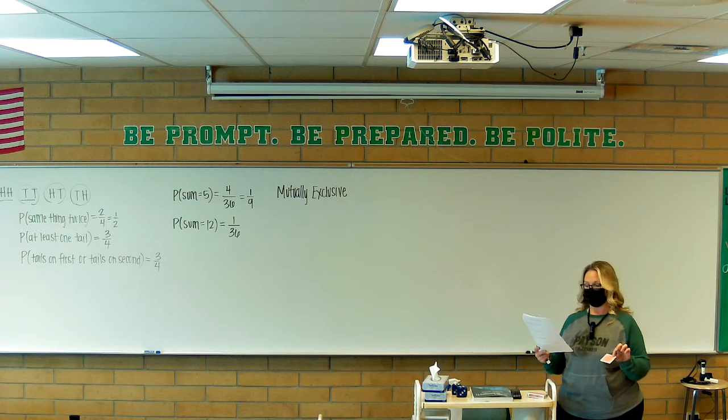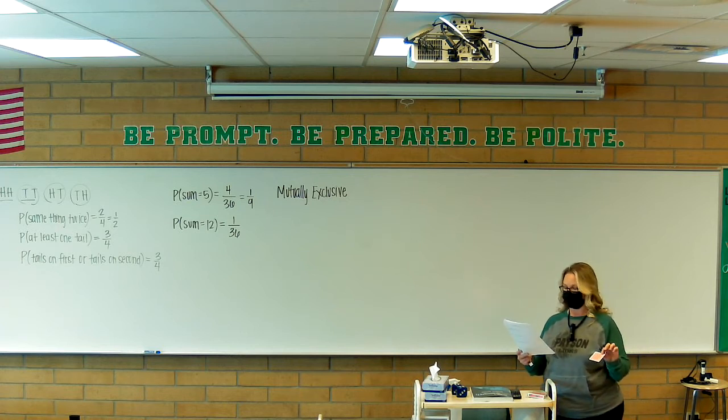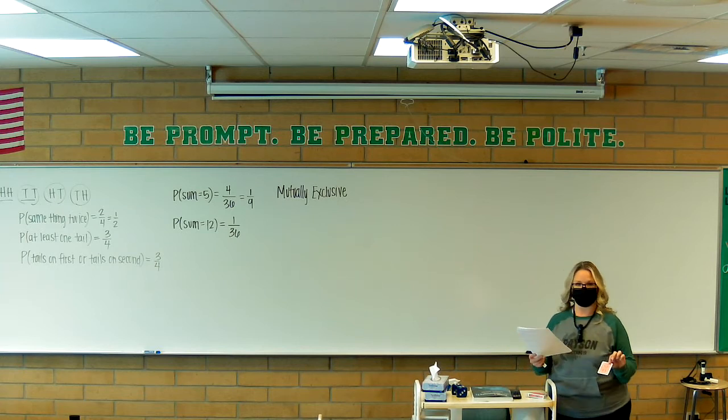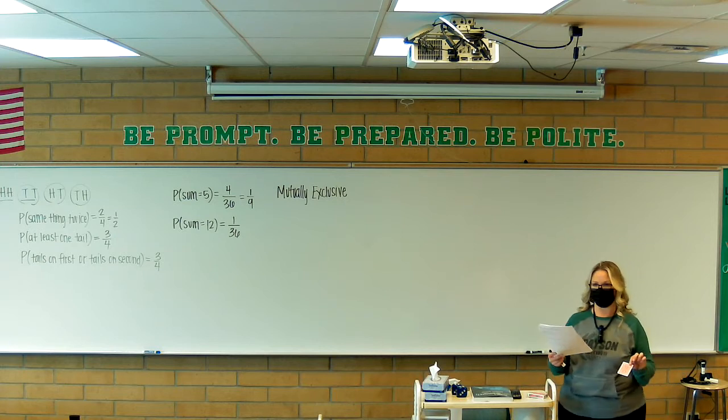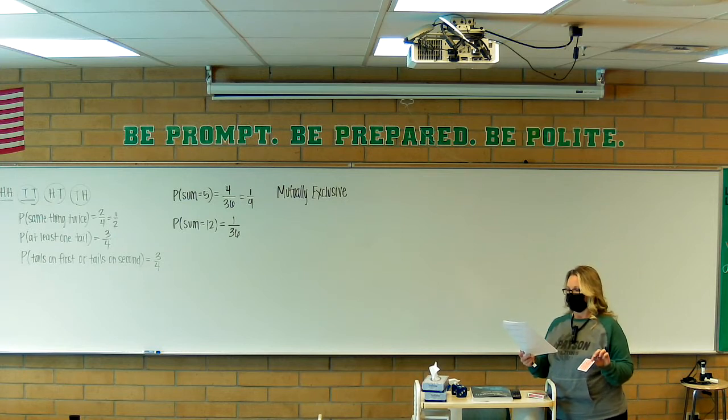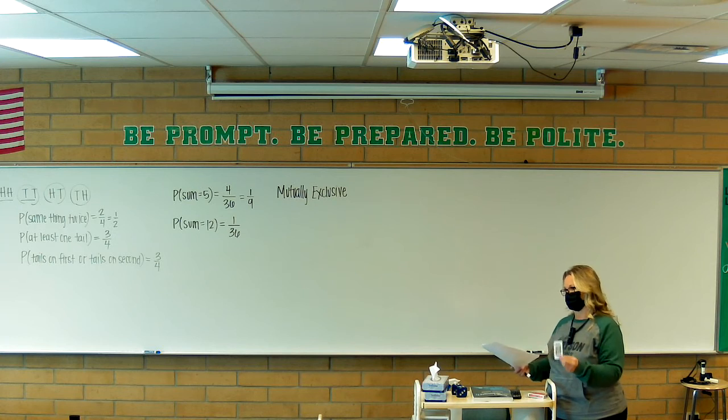The first event is that the card is a heart. The second event is that the card is a spade. Are those 2 possibilities mutually exclusive? So if this card is a heart, can it also be a spade? No. The fact that it is a heart excludes the possibility of it being a spade.